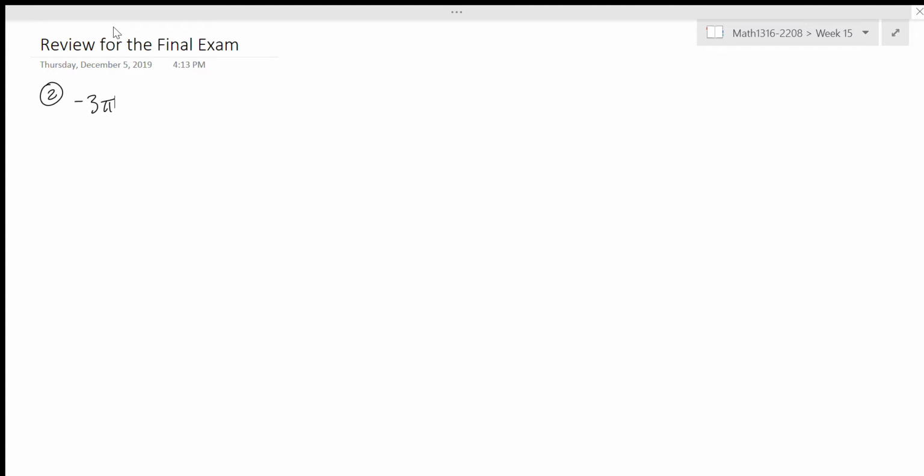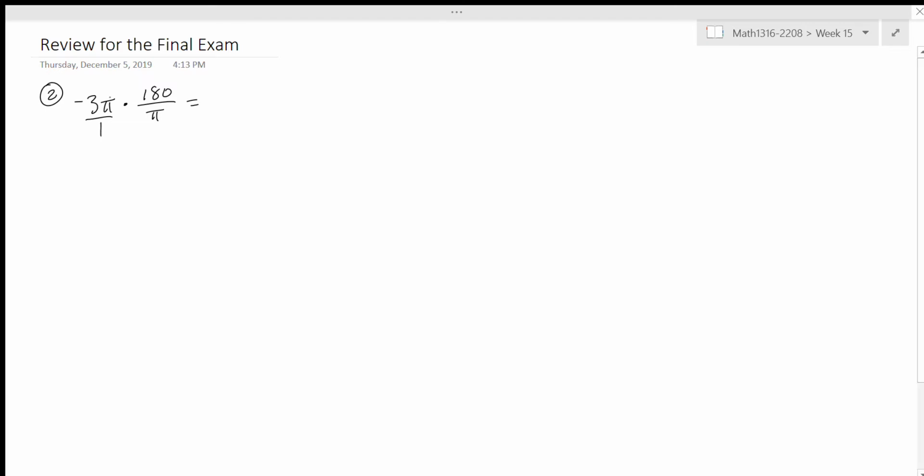So does anybody know what I multiply by to go from radians to degrees? 180 over pi. To go from radians to degrees, you multiply by 180 over pi. Now this negative 3 pi is understood to be over 1. And can you see what's going to happen to my pi's?